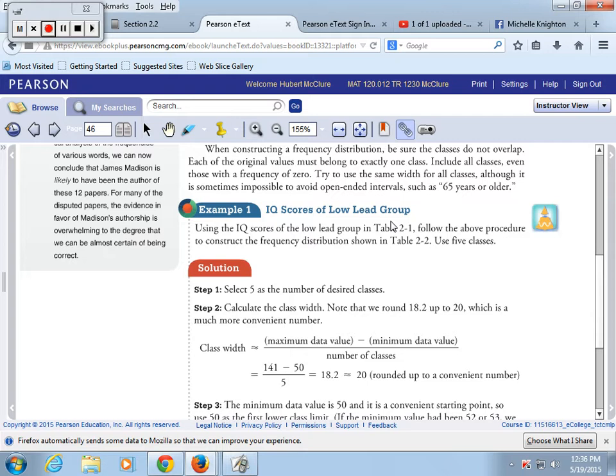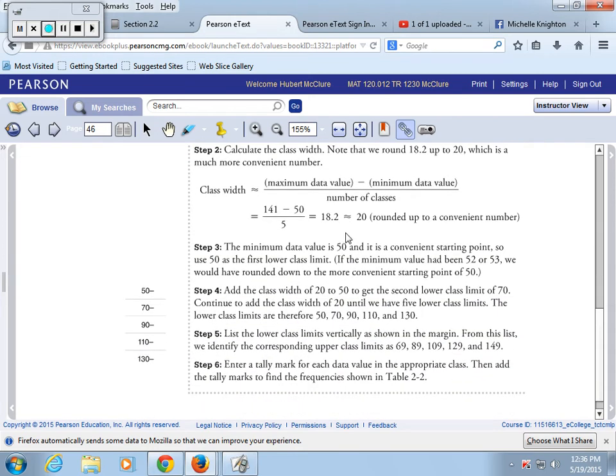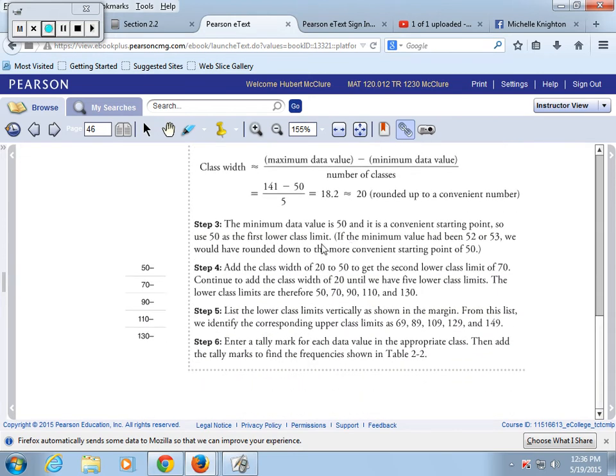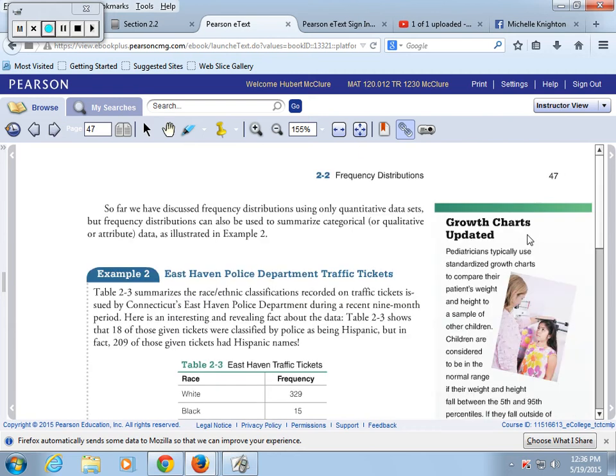I usually give you the frequency distribution and you just find the mean, median, and all that good stuff, or the mean and the standard deviation. So I'm going to skip over pages 45 and 46. You're welcome to read over it, but I'm not going to test you on it.